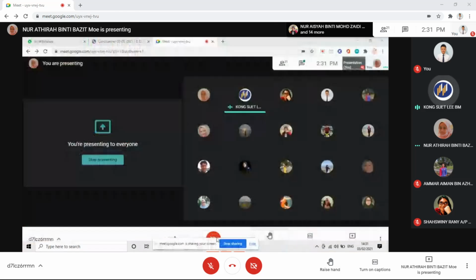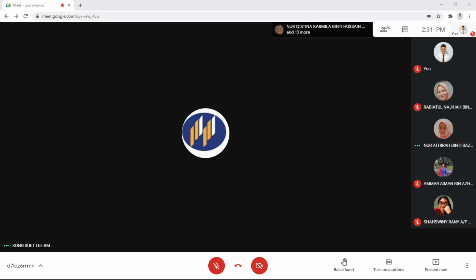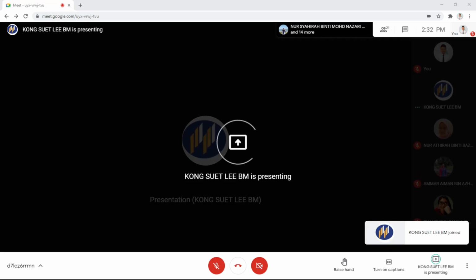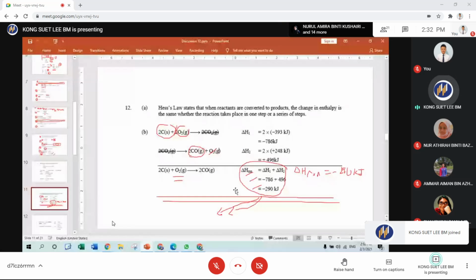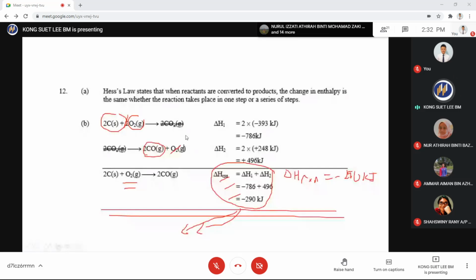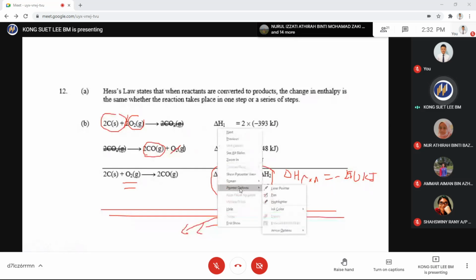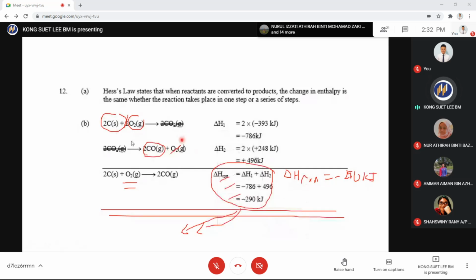Okay, very good, Atira. So class, I encourage you, for the first equation, after you times 2, and then the second equation, reverse and times 2, you get the answer. And then for the last one, we write down enthalpy of reaction.